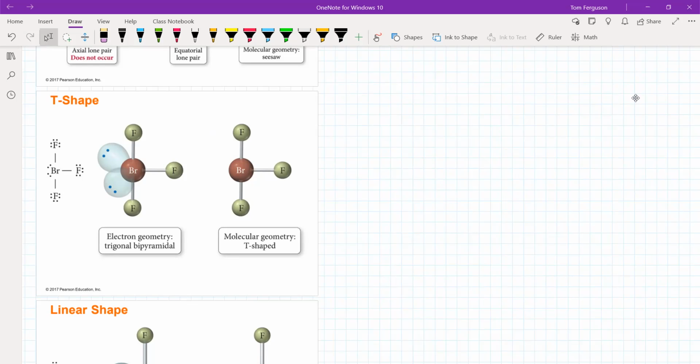That means they're stuck here. So that's what the electronic geometry would look like. The molecular geometry, we never see the lone pair, so that's what it would look like. T-shaped. That looks like a T to me.